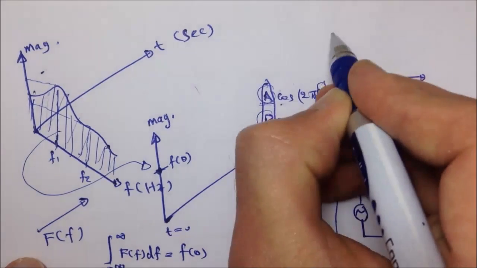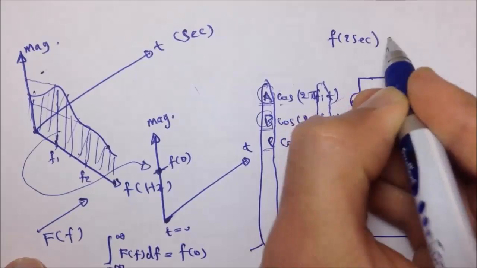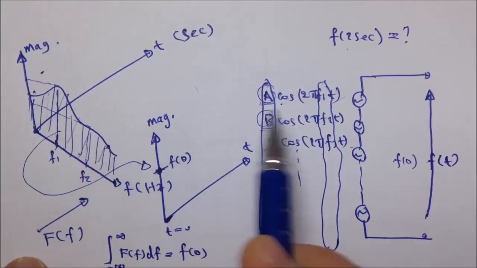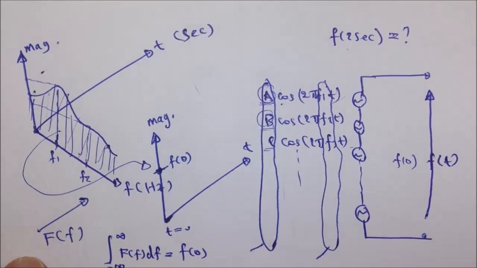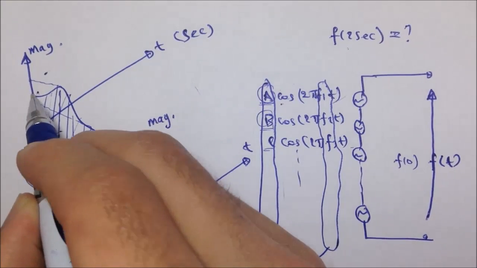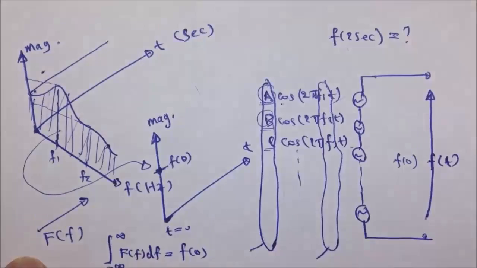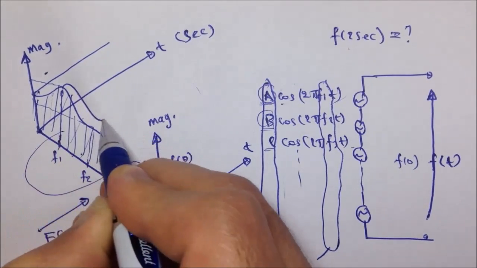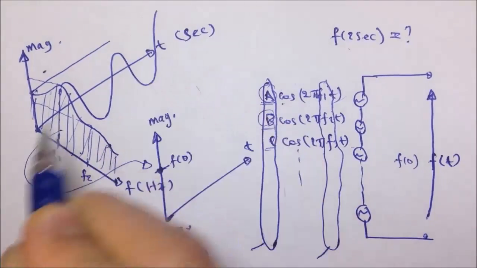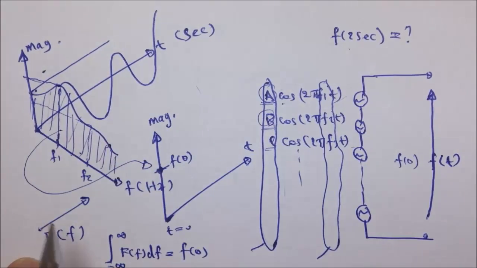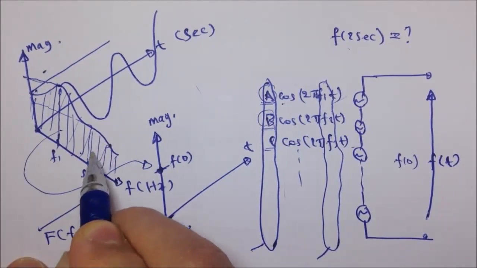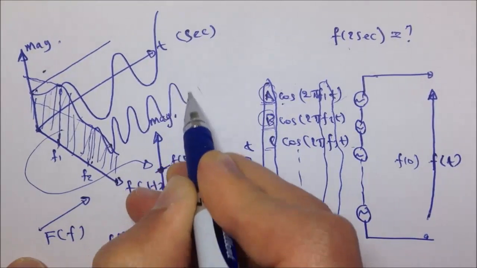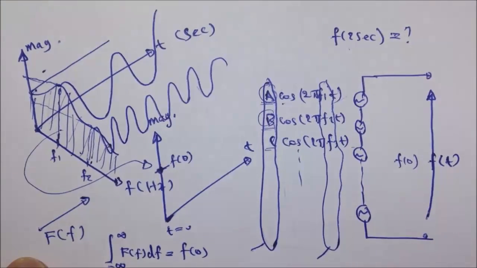Now, what about f of 2 seconds? What's this equal to in time domain, of course? Let's see how these frequencies run over time. This is the DC level running over time, so it doesn't change. This is the f1 Hertz frequency component running over time with its corresponding magnitude. And this is f2 running over time. Of course, f2 is higher than f1, and so on.